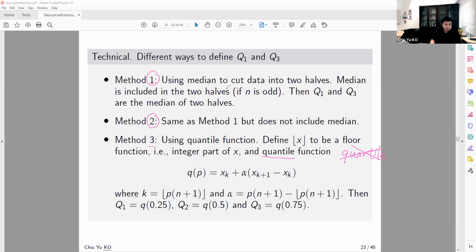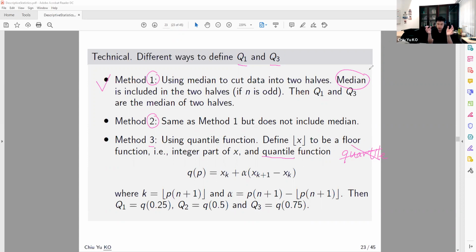Anyway, so how do we find Q1 and Q3? Okay, so one way to do it is what we have defined intuitively, use the median method. First, what you do is find the median, okay? We know how to find the median, right? If the number of data is odd, then exactly the middle exists in the center, right?